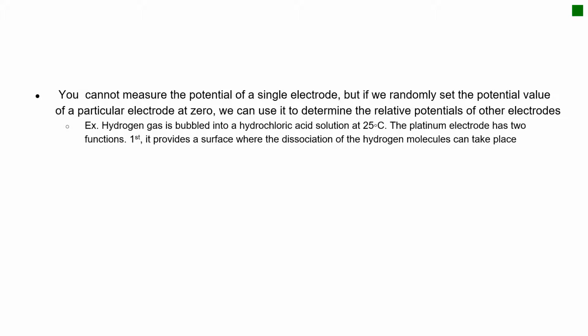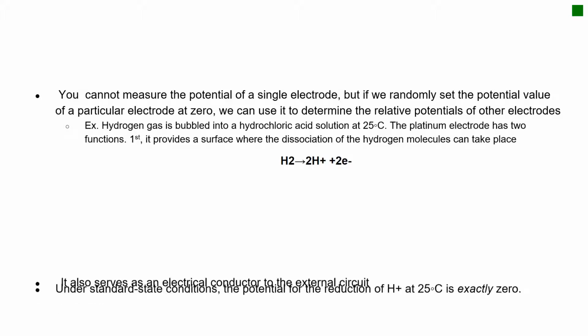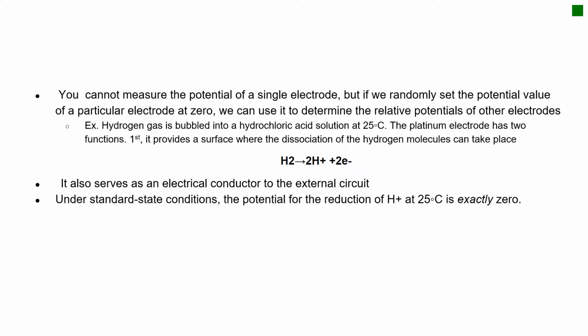First, it provides a surface where the dissociation of the hydrogen molecules can take place, and it also serves as an electrical conductor to the external circuit. Under standard state conditions, when the pressure of hydrogen is 1 atmosphere and the concentration of the hydrochloric acid solution is 1, the potential for the reduction of H+ ions at 25 degrees Celsius is exactly 0. So the standard reduction potential is 0 volts.